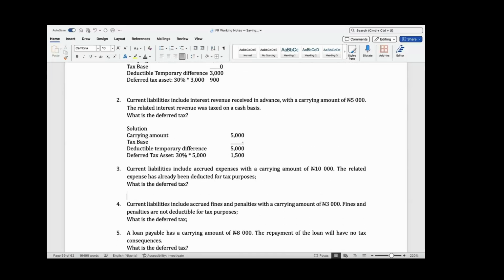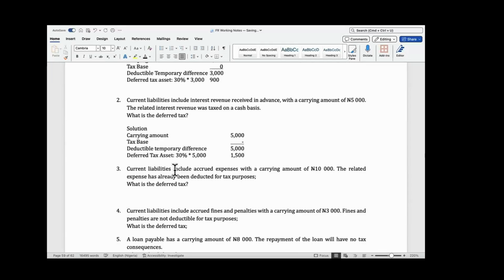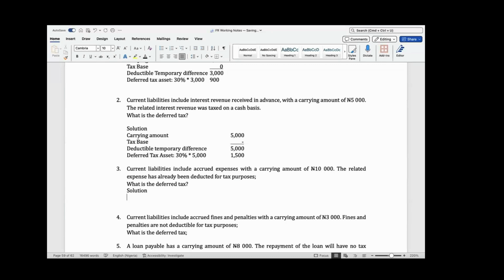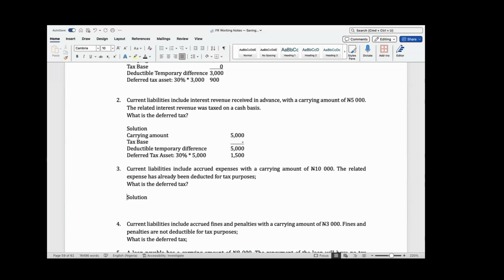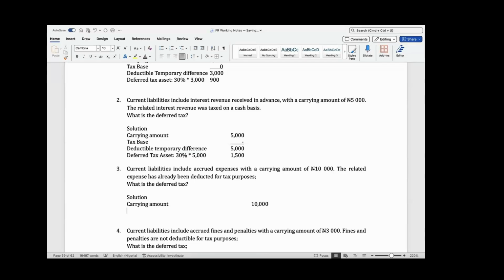Another one: we have current liabilities that include accrued expenses with a carrying amount of 10,000. The related expense has already been deducted for tax purposes.